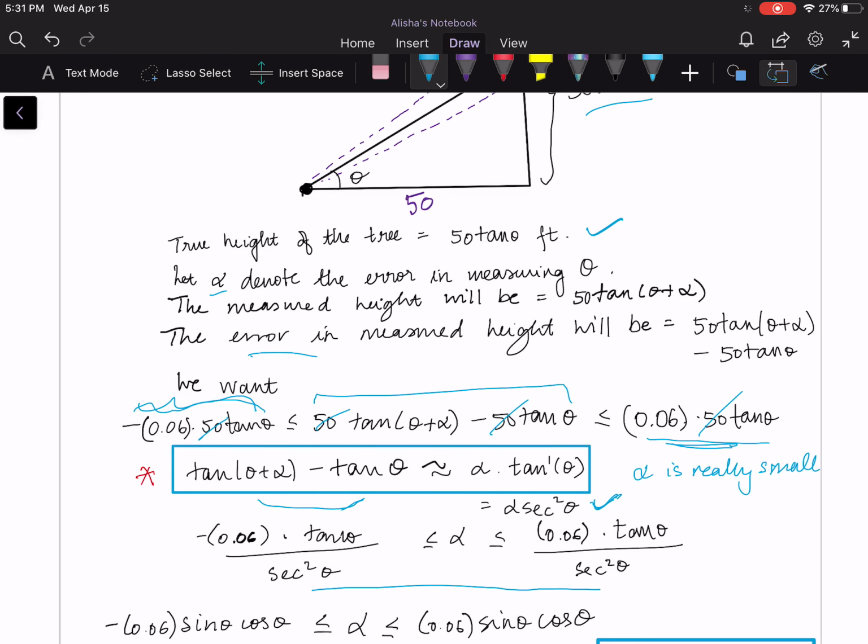I did a couple of steps there, so take a few seconds to see if you follow. I first replaced that difference with alpha secant squared theta, and then I divided by secant squared theta.